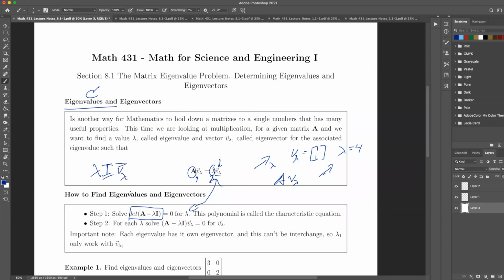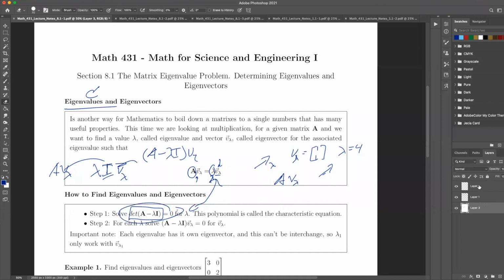If I subtract that from both sides, I'll have A minus lambda I, and then I can factor out the eigenvector v. And that's how you get to this equation. So these are really the same equation.